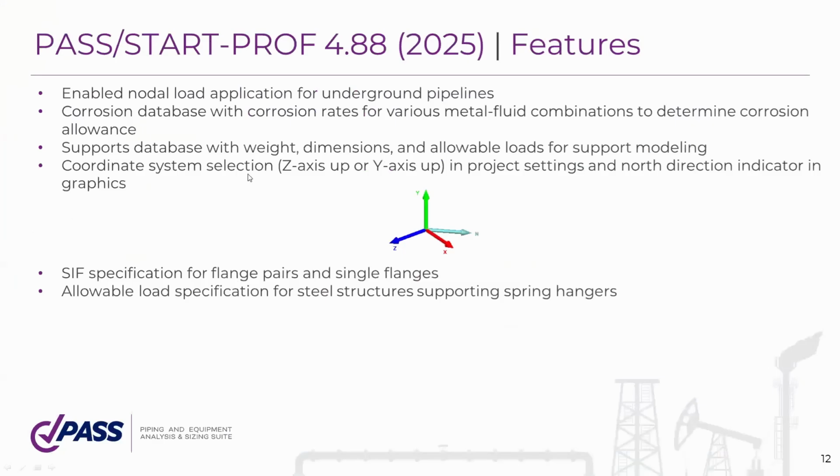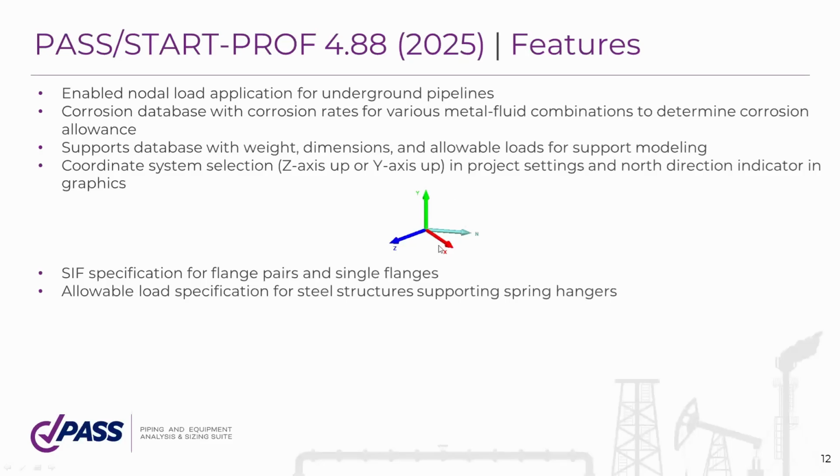The next feature is one that many users have been asking us to add for several years. Now finally we added. They asked us to make the Y-axis vertical and Z-axis horizontal, and also asked us to add the north direction.